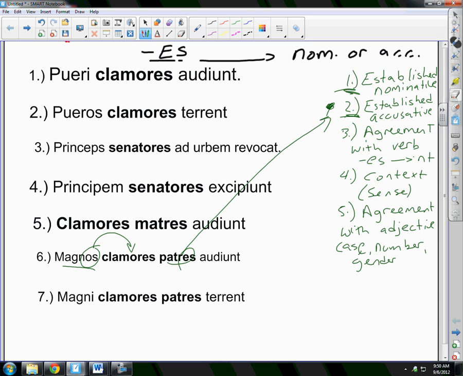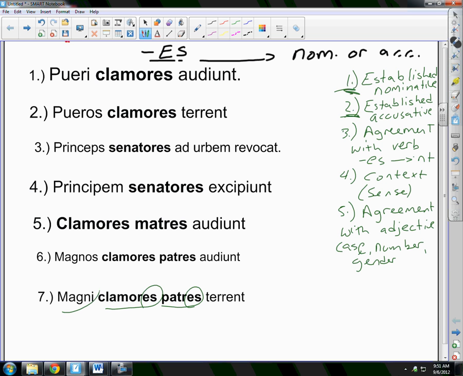Let's look at the last sentence, number 7, and let's see how we establish the es on these two words as nominative or accusative. I'm going to give you guys a second, so go ahead and push pause. I'll give you guys a second to figure this out on your own. Push pause. Okay, hopefully you got what I got, which is this.